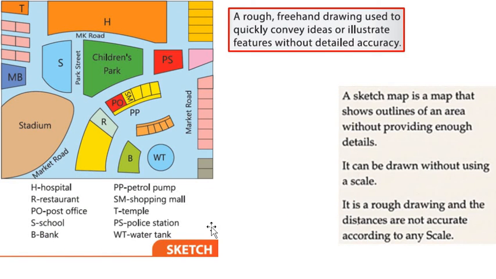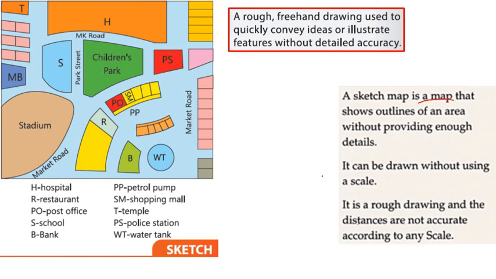Next is sketch. A sketch is basically a rough freehand drawing used to quickly convey ideas or illustrate features without detailed accuracy. So the accuracy is much lower compared to that of a map. Although this is a sort of map, it is not complete, because it shows only outlines of an area without providing enough details.